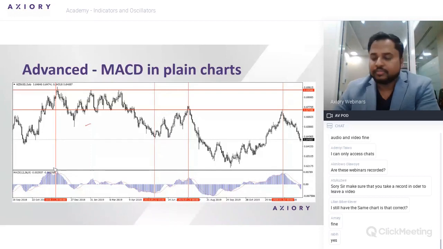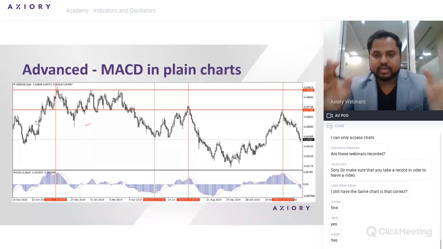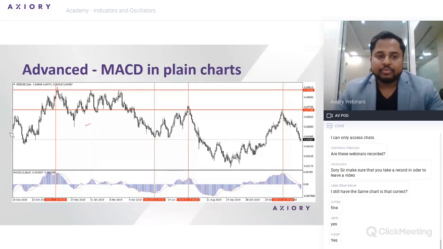Yes, fine. So now you see here, you put the MACD. I will show you in the live chart, but now you understand here. You put the MACD here and you check the chart. This is the area where the price touches the top, and at the same time the price touches here.